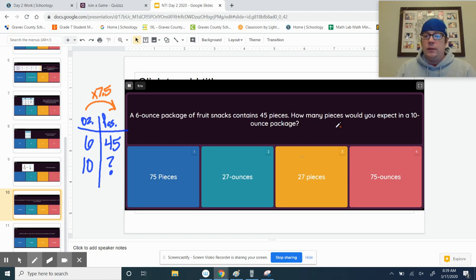But remember, it's asking how many pieces you would expect in the package, not how much the package weighs. We already know the package weighs 10 ounces. It's not going to have 75 ounces in it if it only weighs 10. So make sure you pick the blue one on this one, not the red over here, the ounces. Okay, so 75 pieces for that one.